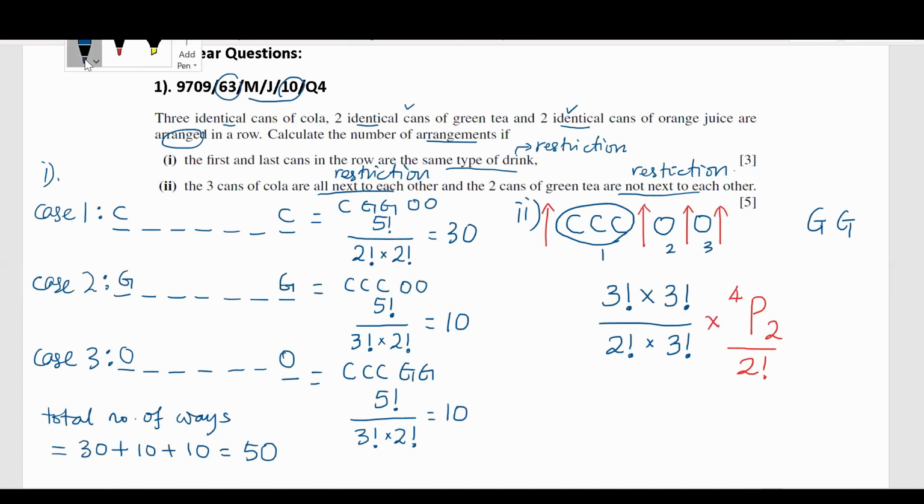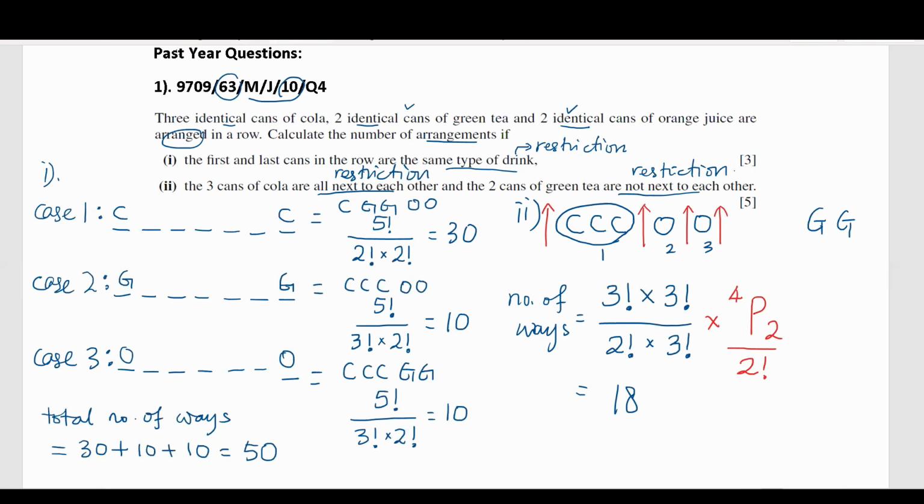Hence, we get the number of different arrangements. So I would just write down number of ways for this particular question, part 2. And using the calculator, the value will be equal to 18.